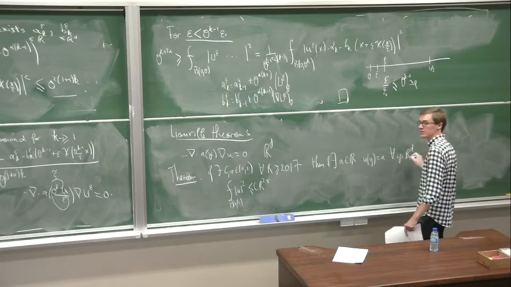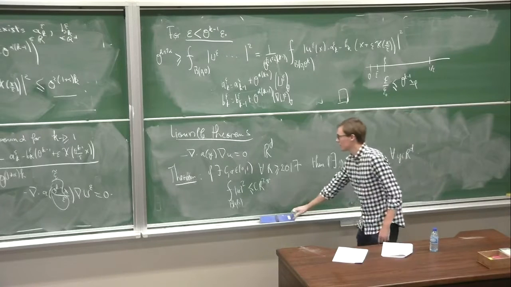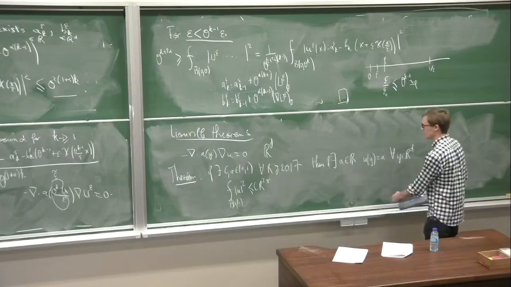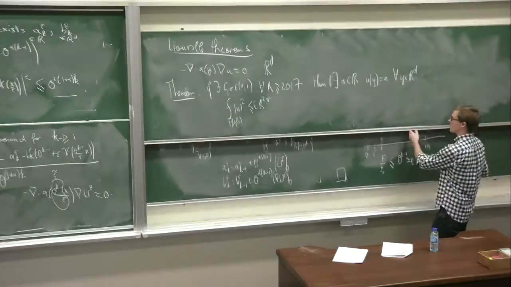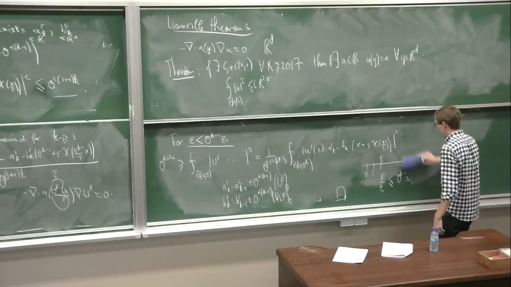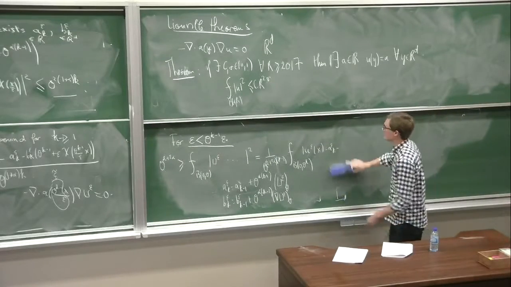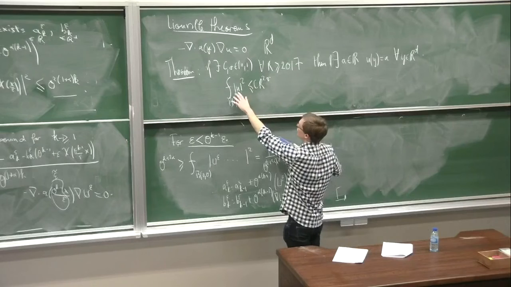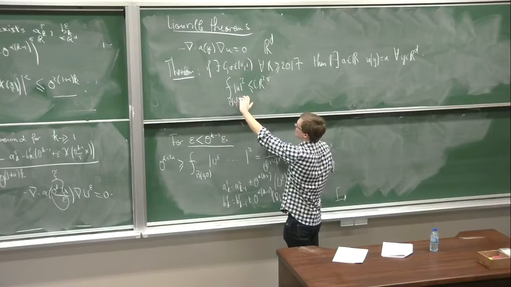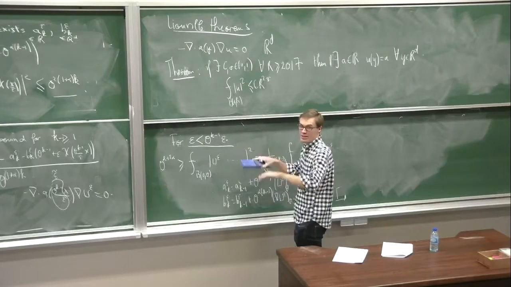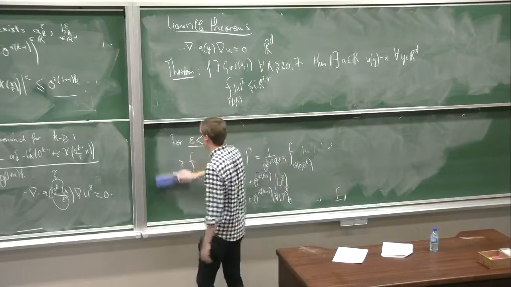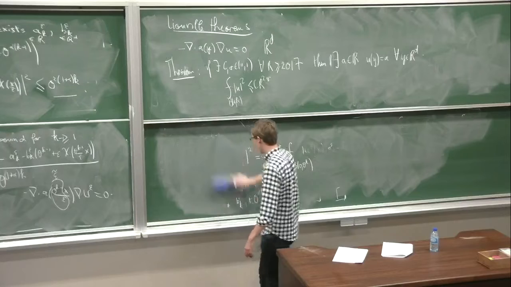So u is constant. Here I can allow u to grow, it does not need to be bounded, it can grow sublinearly, so slower than a linear function.